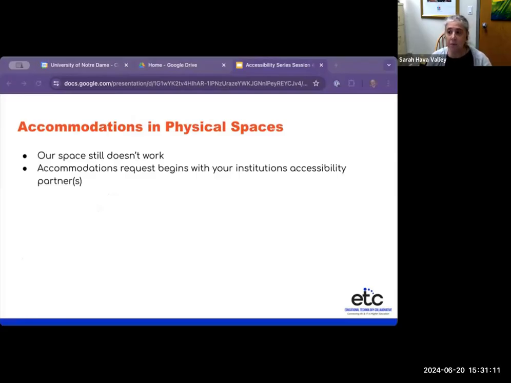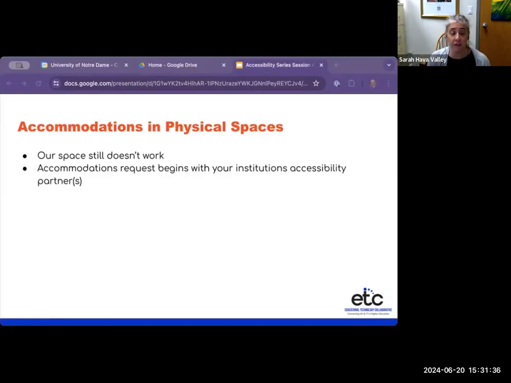So the first thing that will likely happen is that you get an accommodations request from one of your universities and institutions, accessibility partners, because I know we do have some corporate members that can be a little bit different. For higher education, specifically in terms of the educational institution side, though, it's also not uncommon to have more than one accessibility partner.